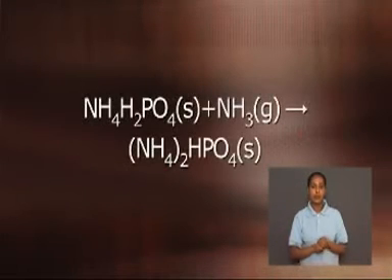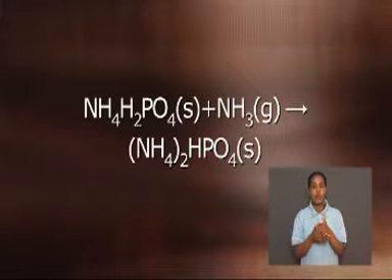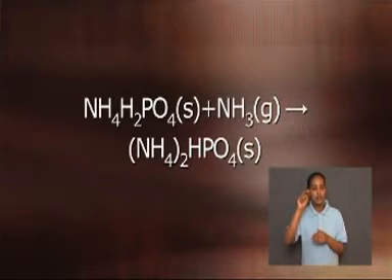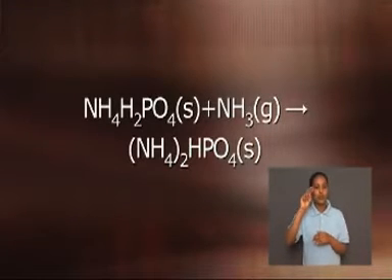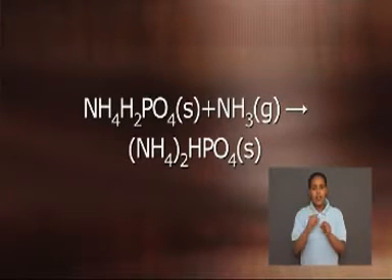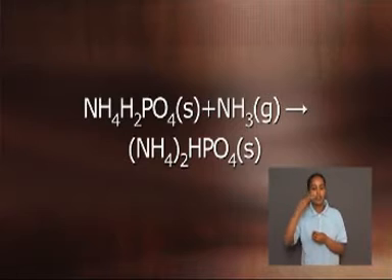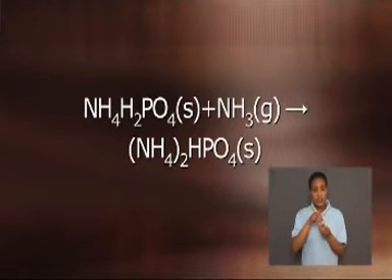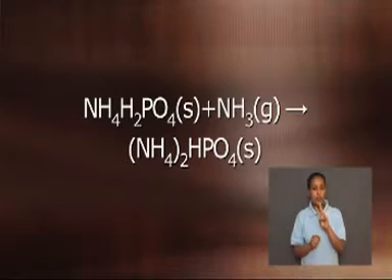In the second step, monoammonium dihydrogen phosphate is recycled so that it can react further with anhydrous ammonia. This further reaction produces diammonium monohydrogen phosphate.